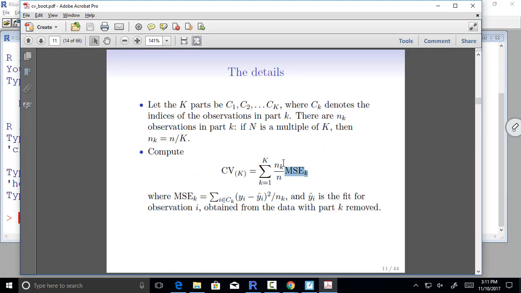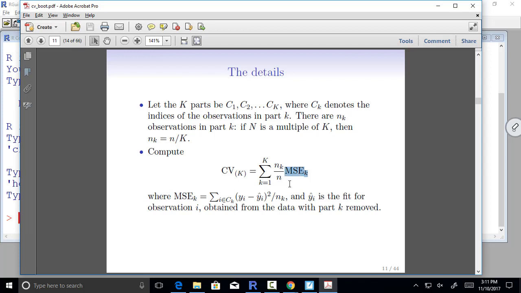I would then have 5 mean squared errors. I don't want 5 mean squared errors, though. I want to be able to say, for this particular predictive model, the estimated mean squared error is a single number. So what we do to combine those 5 MSEs into a single MSE is basically average them.